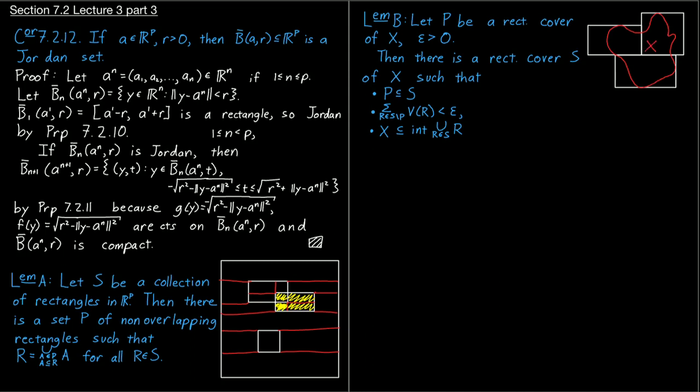And then the idea is we add a bunch of very small new rectangles. We can add new rectangles that are as small as we want, but they're going to cover all of the bits of the boundary that X reaches.